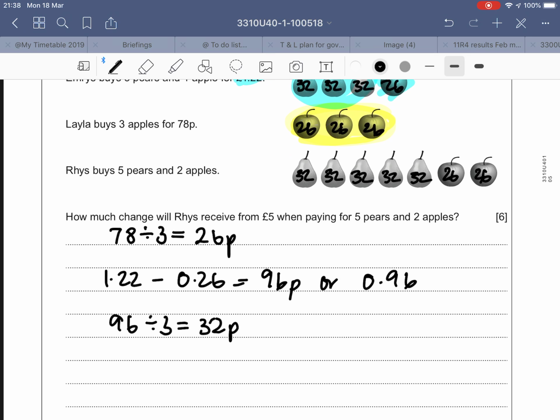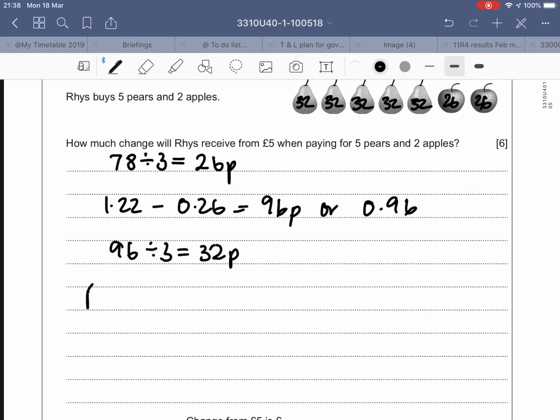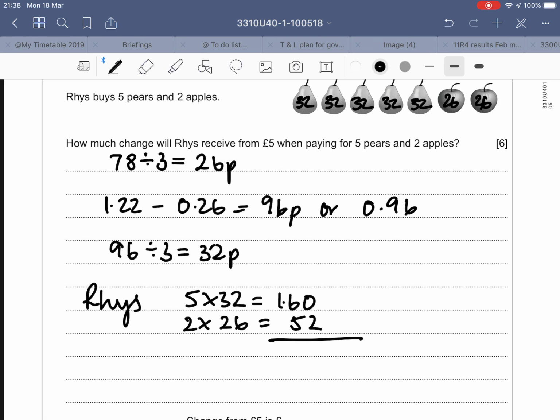So by looking at Reese's purchase, I can see that Reese has actually paid 5 lots of 32 pence for all the pears. That's £1.60. And 2 lots of 26 pence for the apples. So Reese's total bill comes in at £2.12.